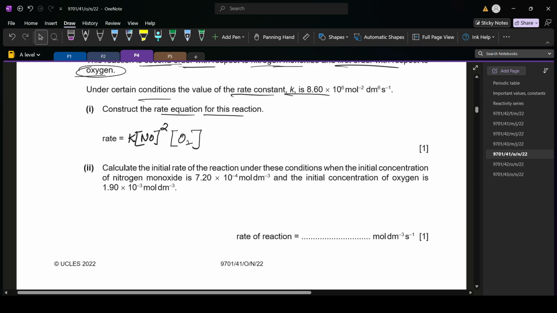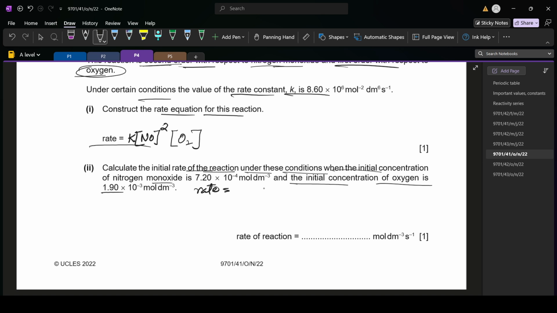Now calculate the initial rate of the reaction under these conditions, when the initial concentrations of nitrogen monoxide and oxygen are as given. You are given this equation, you just have to put in the values.